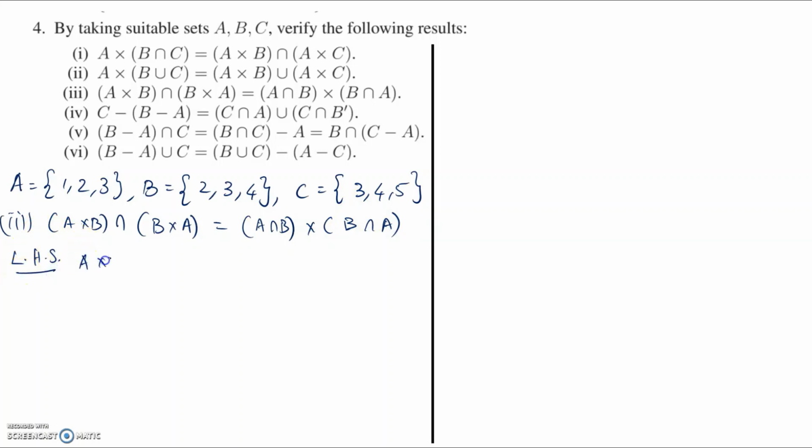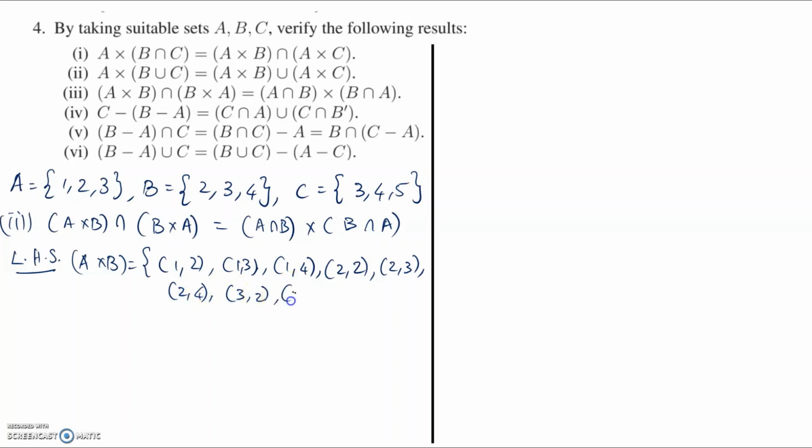So A Cartesian B will be equal to 1, 2, 1, 3, 1, 4, 2, 2, 2, 3, 2, 4, 3, 2, 3, 3, 3, 4.